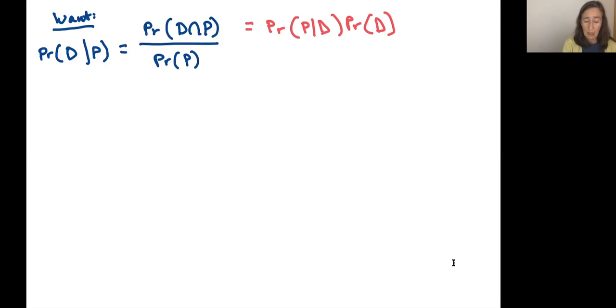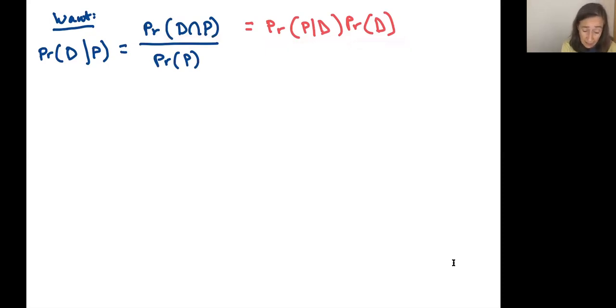If we had wanted to find this probability, we know it's the same numerator divided by a different denominator. The cool thing is, this is the probability that I have, and it turns out I know this too. If I have the sensitivity of the test and the baseline incidence in the population, that's what this is. This is the true positive rate and the probability that I have the disease before getting the test. I can figure out this joint probability using those. That's what I'm going to do.